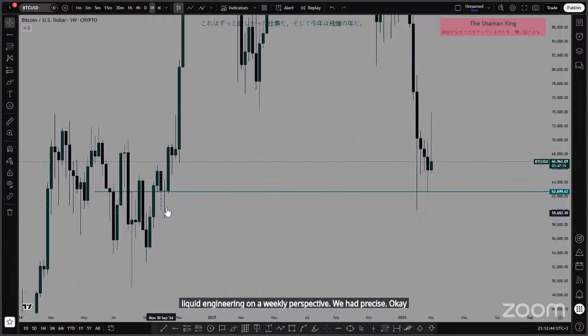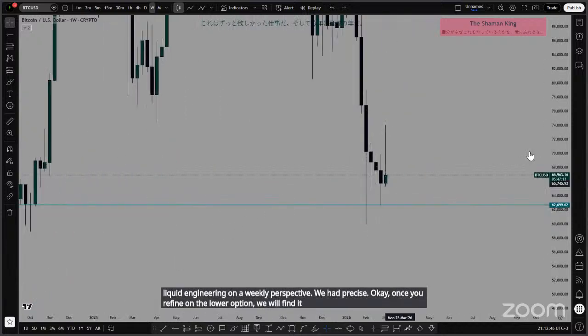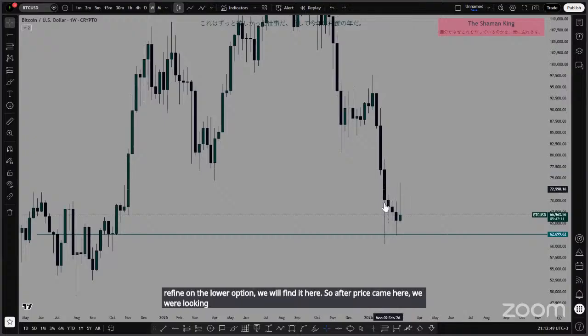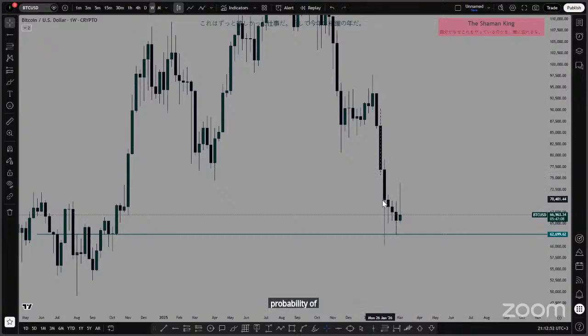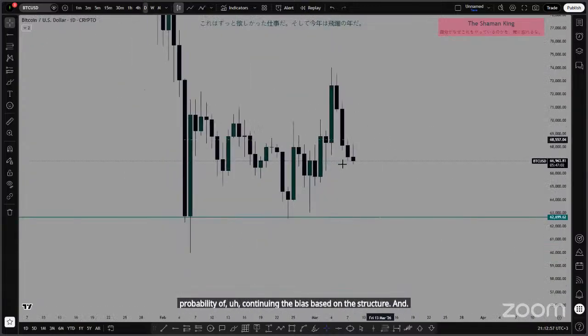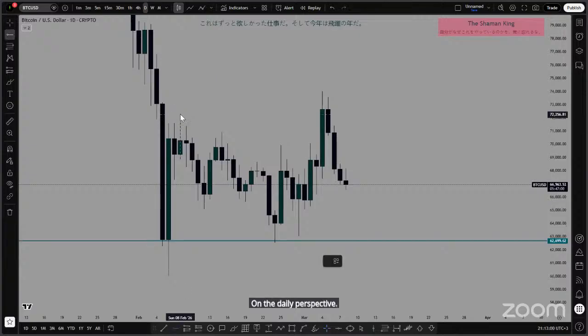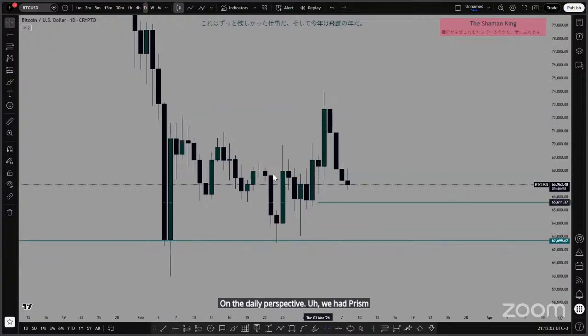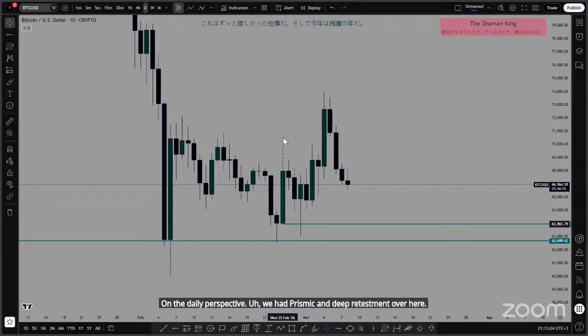Once we refine on the lower time frame, we find it here. After price came here, we were looking at the probability of continuing the buys based on the structure. On the daily perspective, we had price making a deep retracement over here, breaking structure, sweeping liquidity, continuing.